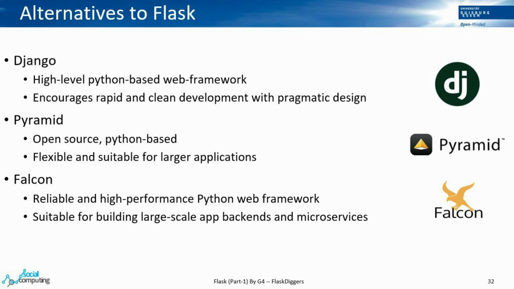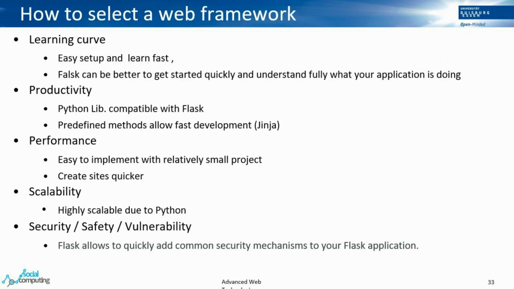Pyramid is an open-source Python-based framework, which is flexible to use and suitable for large applications. And finally, you can try dealing with Falcon, which is a reliable and high-performance Python web framework for building large-scale applications, backends, and microservices.